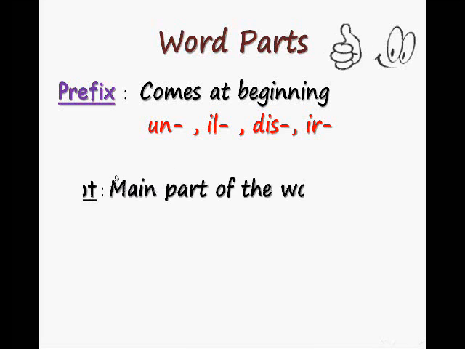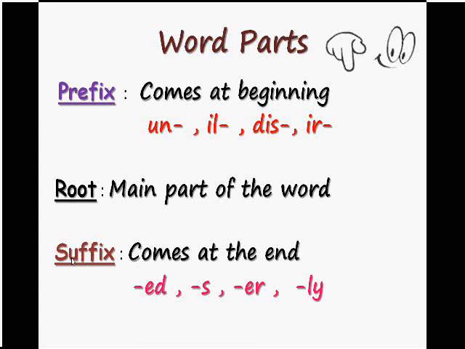Then we have the root, which is the main part of the word. Okay? So again, every English word is really a root, and then we add lots of other things to it, at the beginning when we add a prefix, or at the end when we add a suffix.